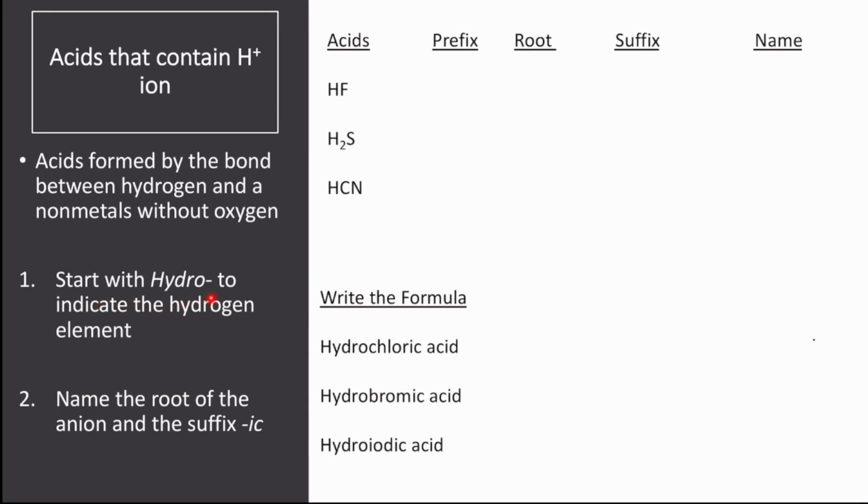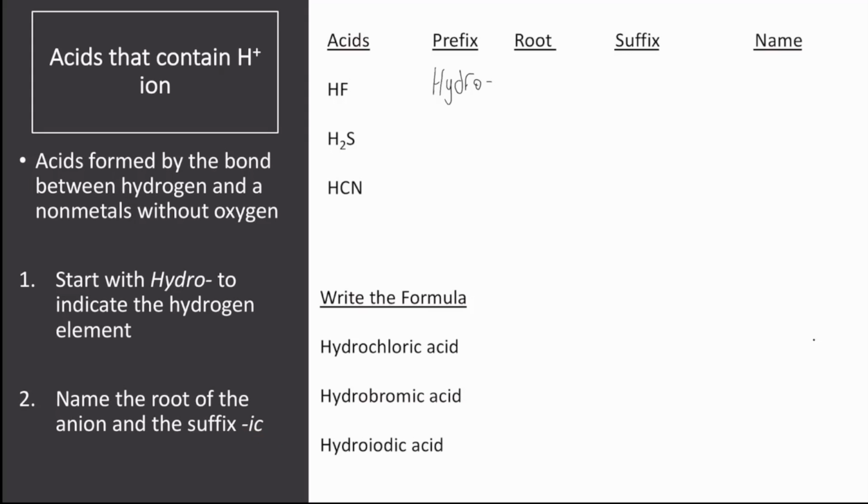Okay, the first one is HF, so we need to first put the prefix hydro to indicate the hydrogen element. So we put hydro, and then we put the name of the root of the anion and the suffix ic.